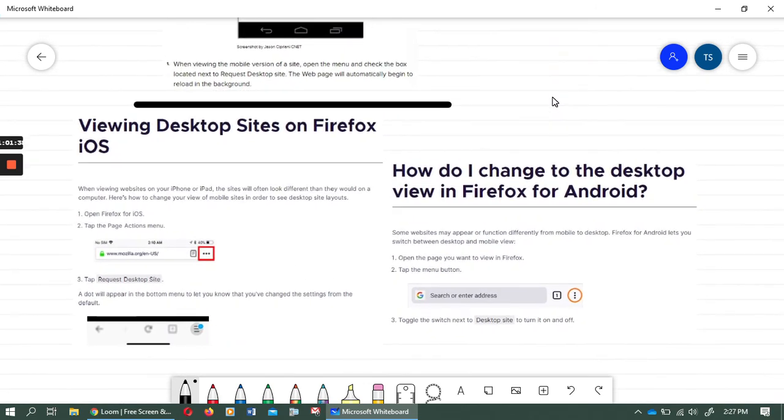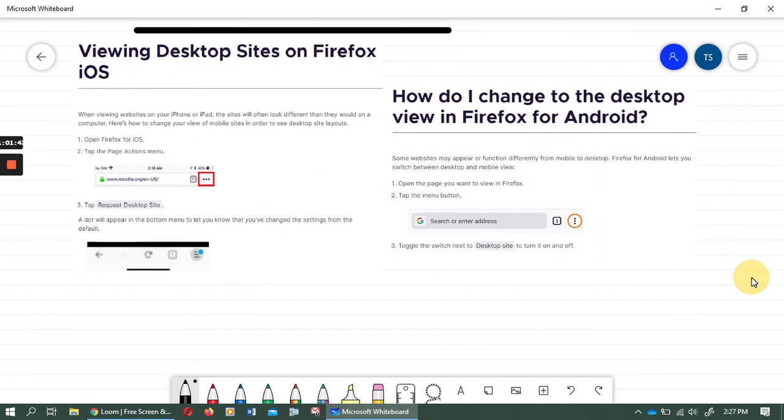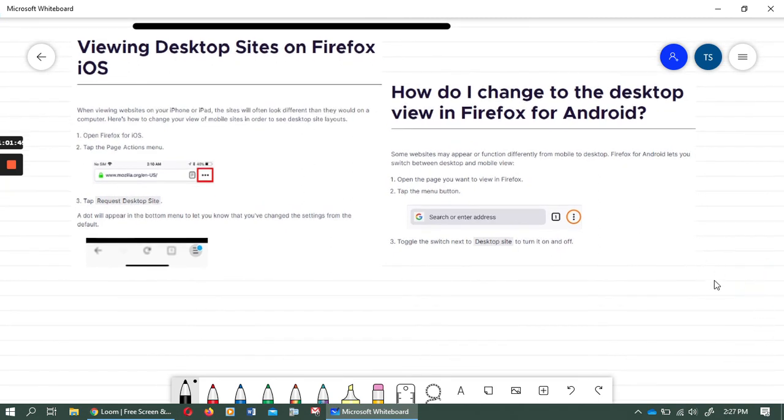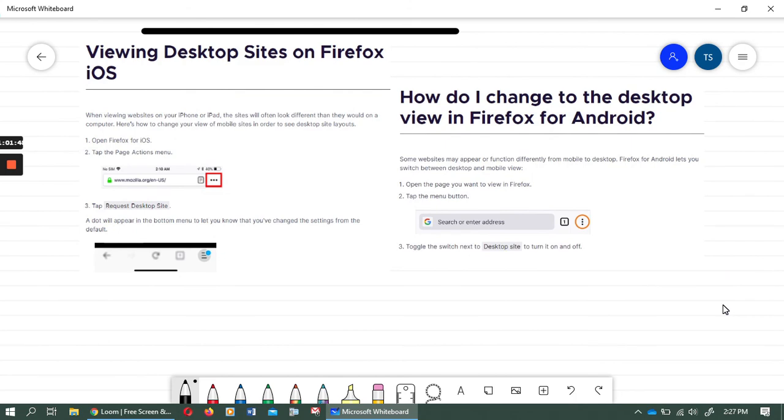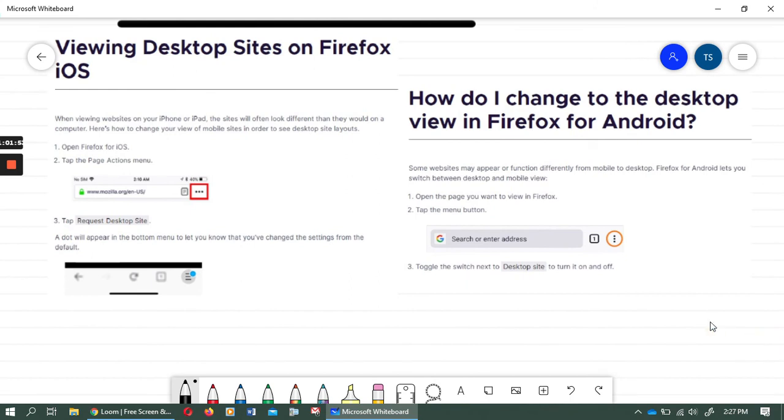Okay, next up, guys, if you're using Firefox, we've got two versions of you using Firefox. If you're using Firefox on an iOS or Apple phone, which has your iOS operating system, your iPhone, then you're going to click on the kebab, and I think it's pretty much the same.